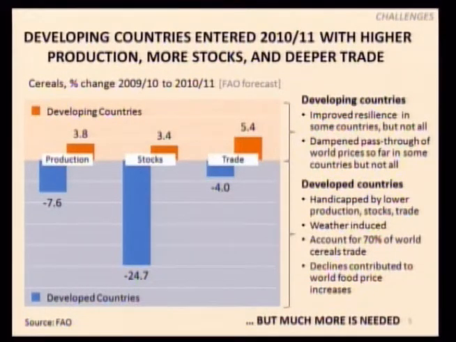And the main shock driving the production declines in 2009-10 was production declines in developed countries. There were significant declines in stock holdings, 25% declines in developed countries, largely weather-induced, starting with the droughts in Russia.